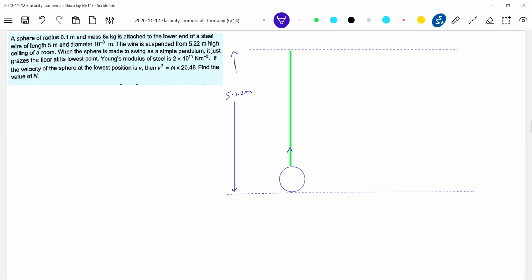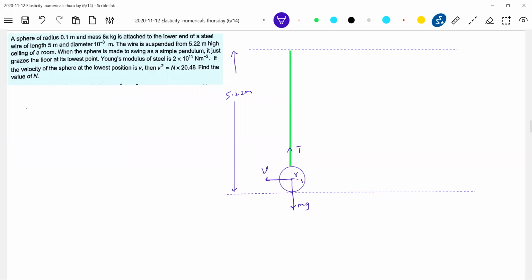We know the forces acting: tension and the weight mg, and it will have a velocity. It's asking for this velocity. Tell me what is the one equation you write. The basic equation you're going to write.